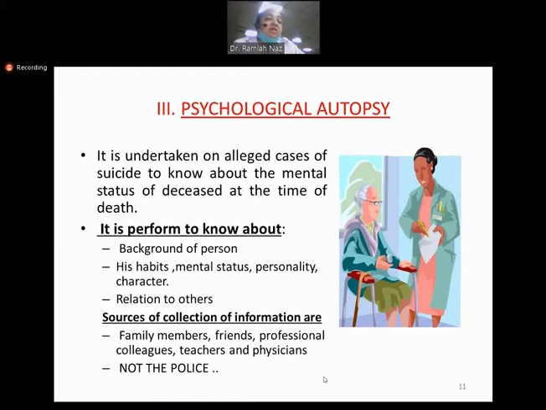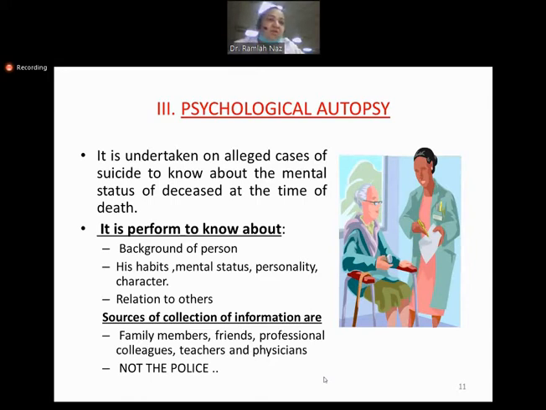Then where can the data be collected for the psychological autopsy? For psychological autopsy we will preferably take the data from the family members. We interview the family members and friends. If the person had a professional life, we will take close colleagues of that person and ask them about his habits, his status, whether he was worried about something.